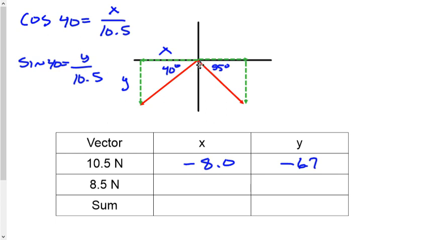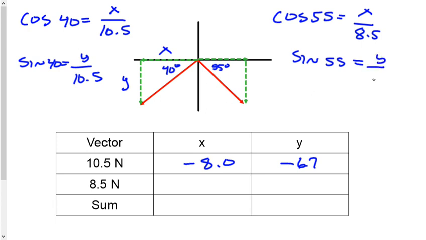Now on this side, let's do likewise for our 8.5 vector. We're going to say the cosine of 55 is equal to x over 8.5. And then we're going to say the sine of 55 is equal to y over 8.5.